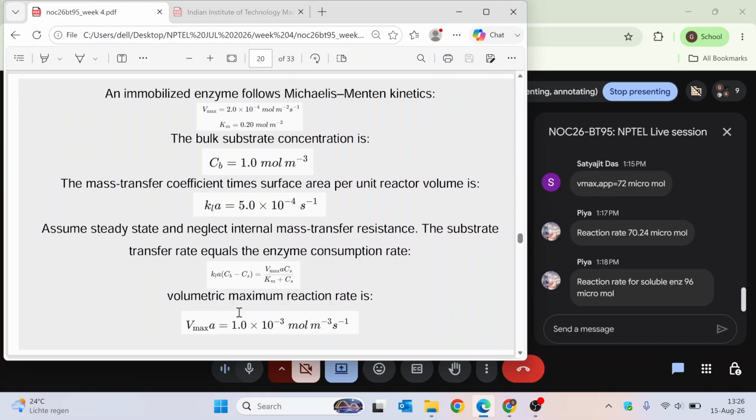So an immobilized enzyme follows Michaelis-Menten kinetics, and you can note down what is the Vmax, Km, the bulk substrate concentration, mass transfer coefficient times surface area per unit reactor volume. All these values you can note down now. Your Vmax apparent, all these values you can first note down.